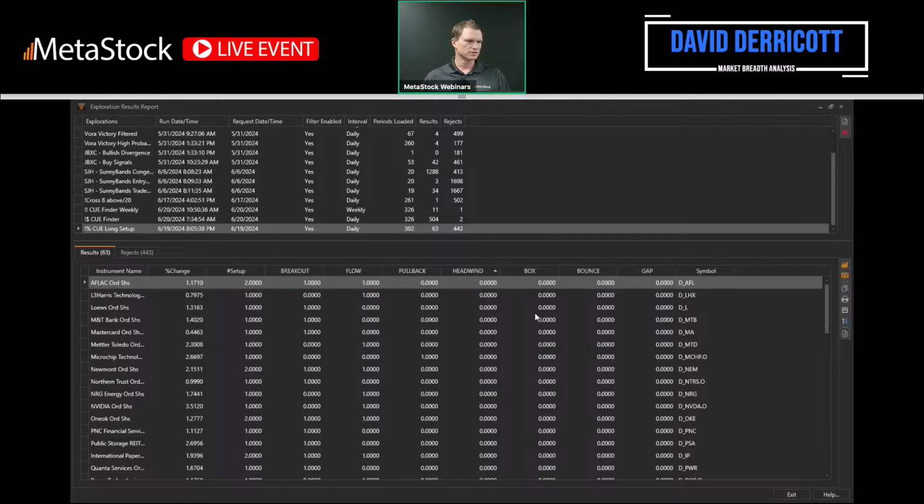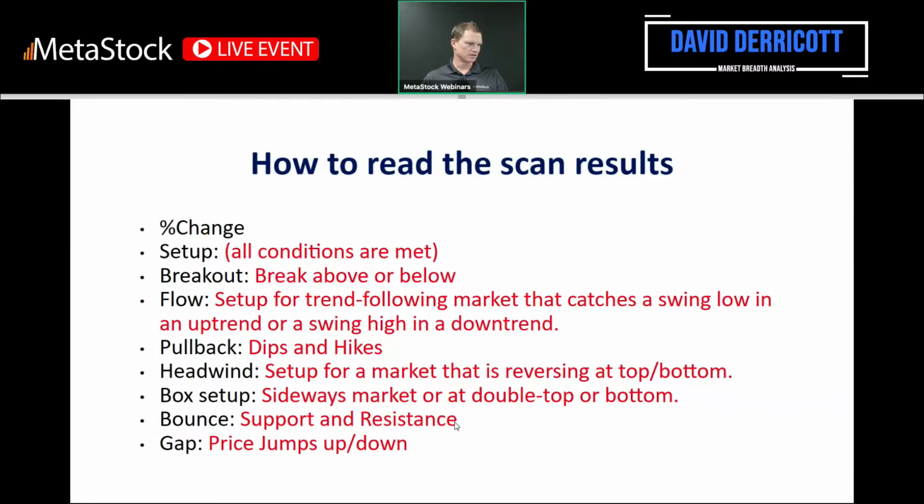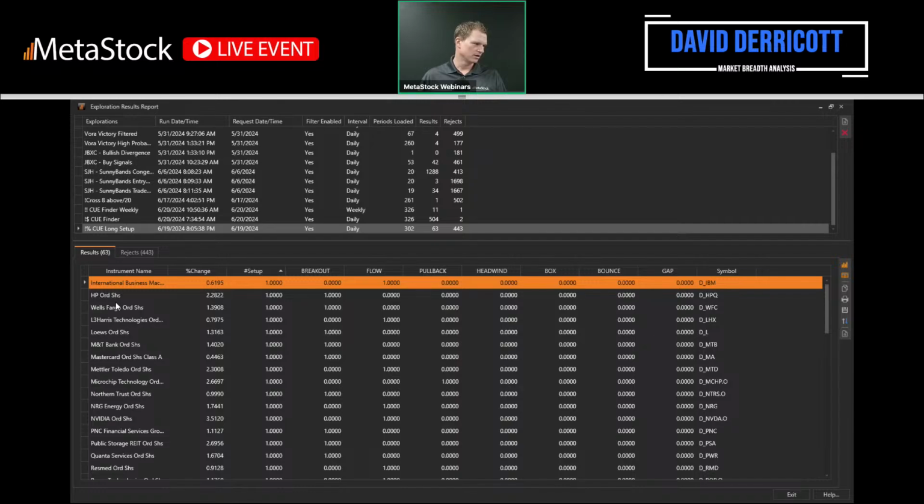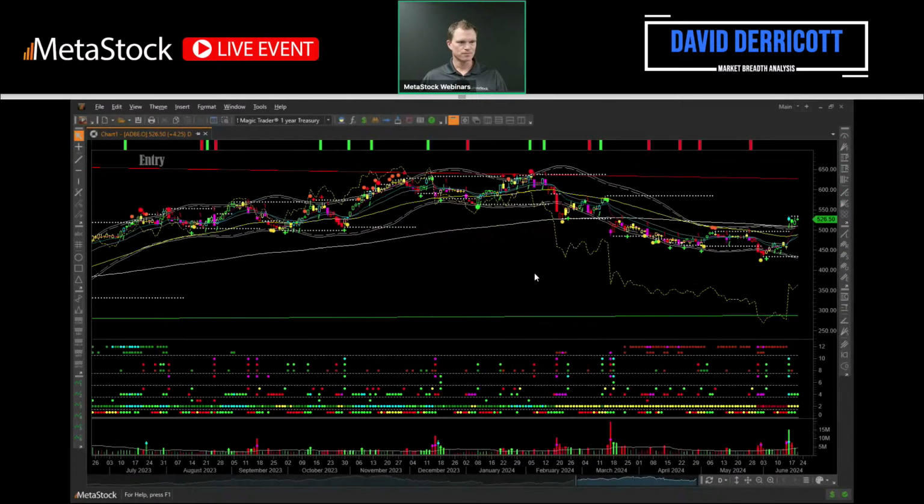Same thing with the box, which is identifying a setup for the sideways market or a double top or bottom. Your bounce is looking at support and resistance, and then gap is pretty self-explanatory when you've got a jump up or down in the market. But that's how you would read it for a setup. We really want to see which ones have a setup. So IBM's got a setup right now, HP, Wells Fargo. Those would be ones to inspect a little further using the Q Global.